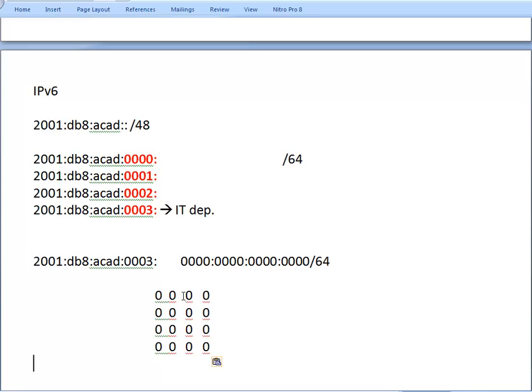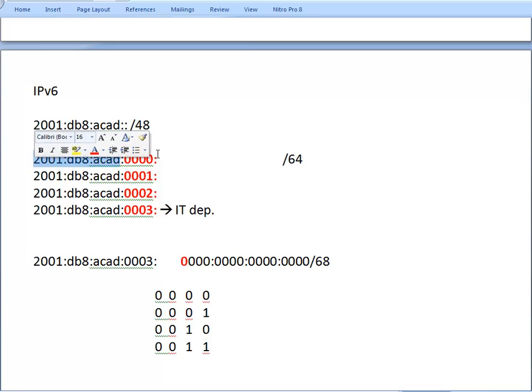The second subnet will be 1. The third subnet will be 10, and the fourth subnet 11, and so on. So you can create quite a lot of subnets, 15 subnets only on this bit, and you have to remember that this is /68 now, not 64. So by default you can subnet.